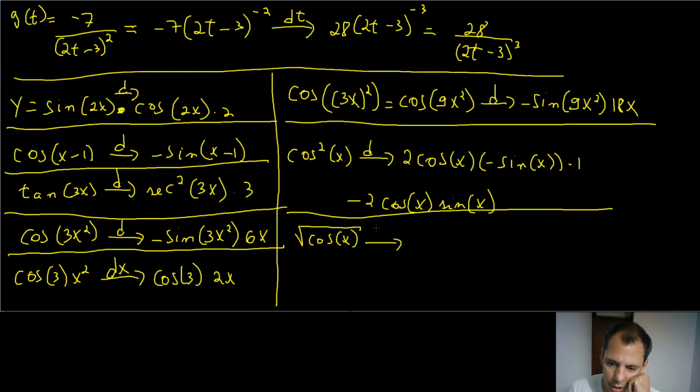So differentiating, we have half cosine to the minus half of x, okay, times the minus sine of x times 1.